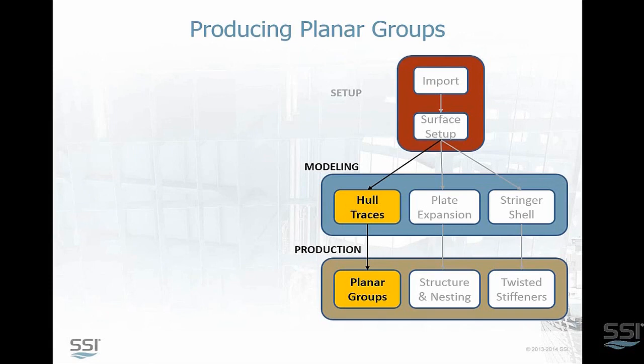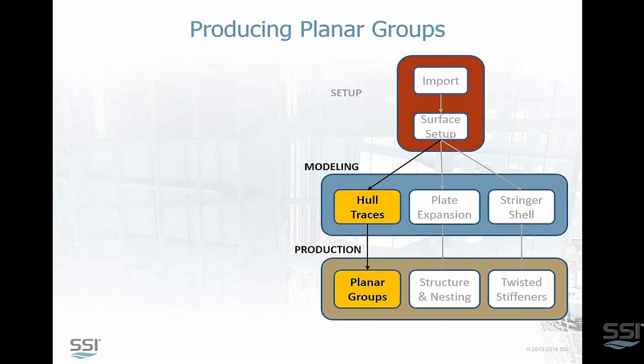In doing this, now that we've imported those surfaces, we're going to extract a hull trace to produce the planar group. The extracted mark lines that we pull out are going to be NURBS curve objects, which have internally stored bevel information. It's important to keep that in mind because we want to retain that information.